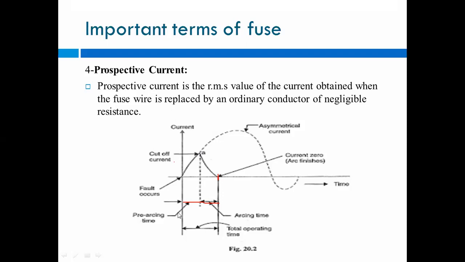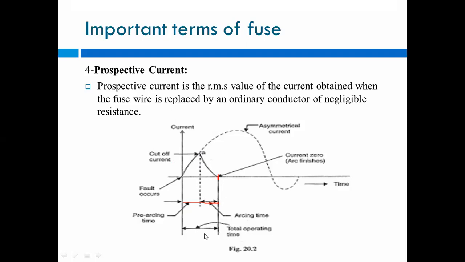There are two parts for this wave. One is the pre-arcing time and the second is the arcing time. Here the arc is going to be produced, and here your arc is present, and it starts extinguishing. So this is the total operating time of the fuse.